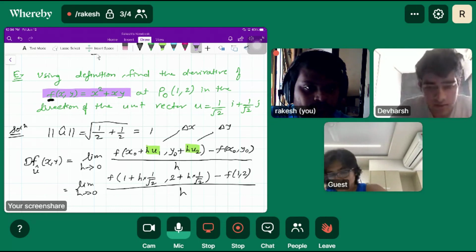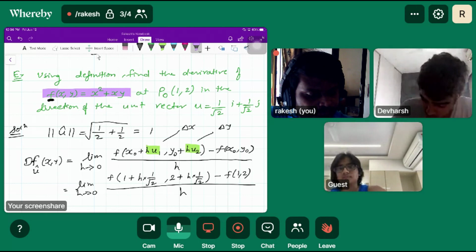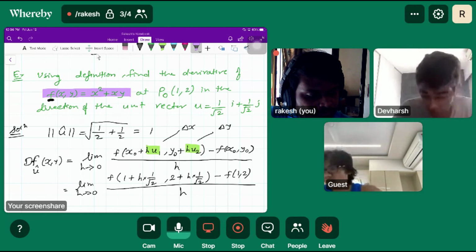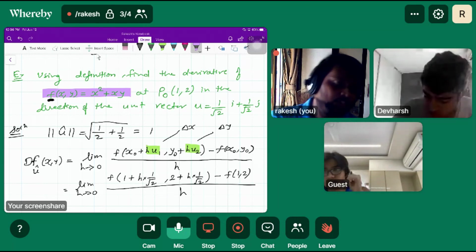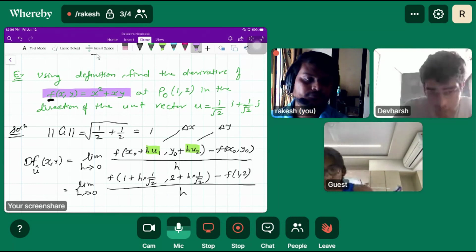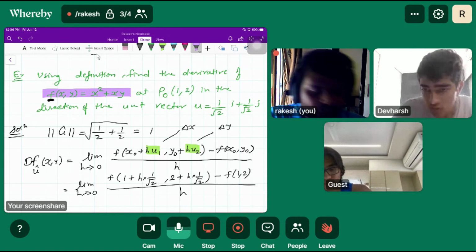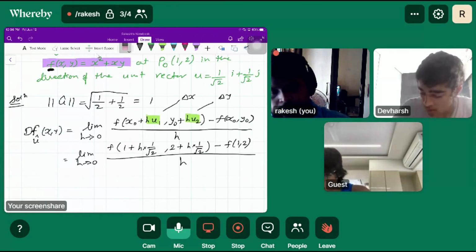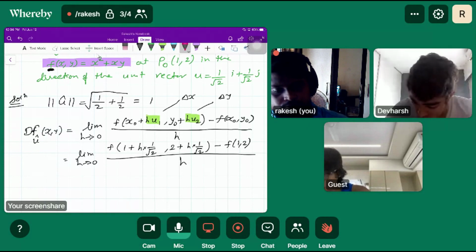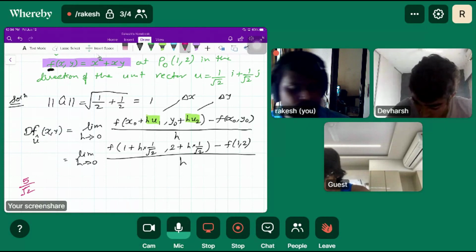So I got an answer. What is the answer? 3 by root 2, or something. Are you sure? Because the answer is 5 by root 2. Please check it out. The answer is 5 by root 2.